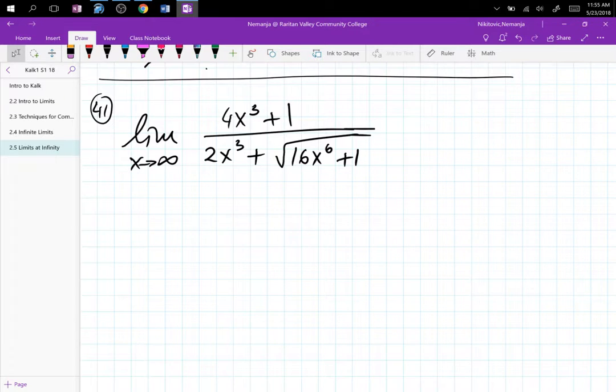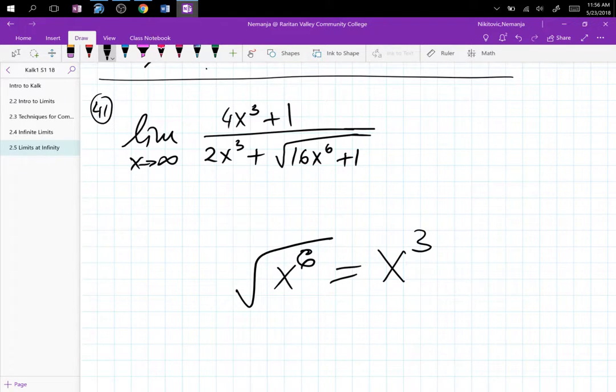What is the method that we learned? How do we find the limit? Divide by the x with the highest exponent. The x with the highest exponent is x cubed. Very good. Yeah, I know you are all staring at the 6 over here, but the square root of x to the 6 is x cubed.